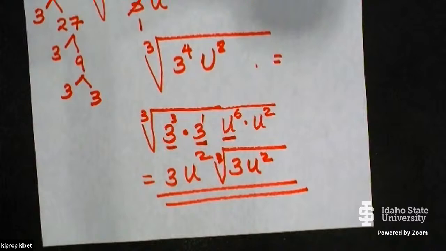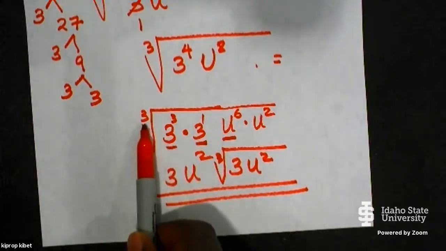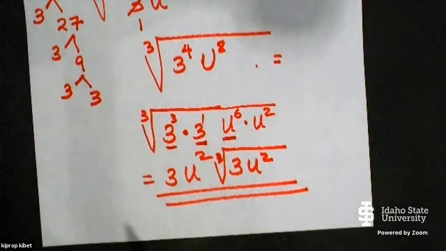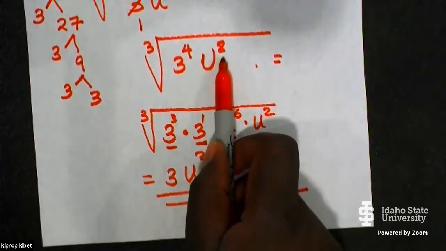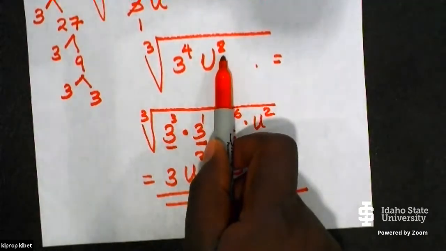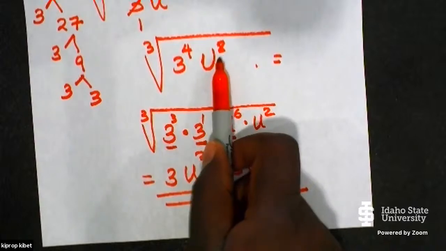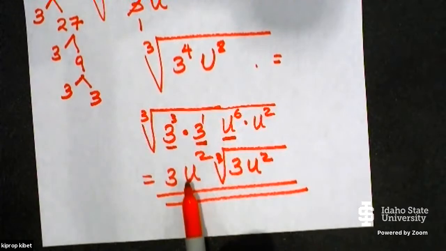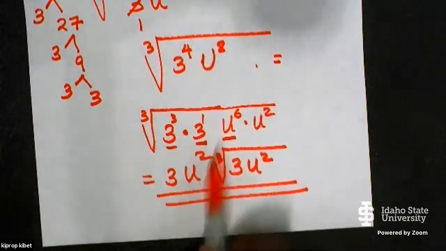I have a question. If u to the 8 can be cubed perfectly by 2, why can't we just cancel the u to the 8 and pull it out as u squared on the outside? So you're saying we pull out the u to be u squared, u squared all over 3?